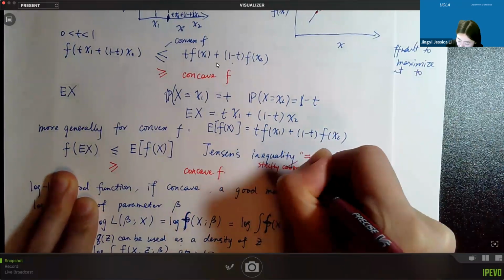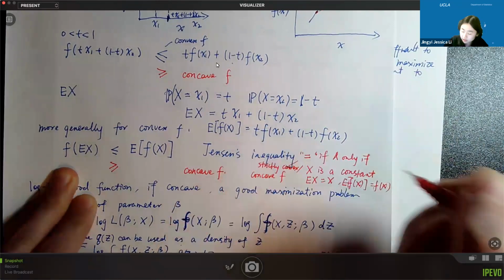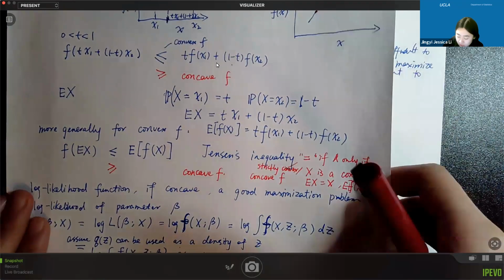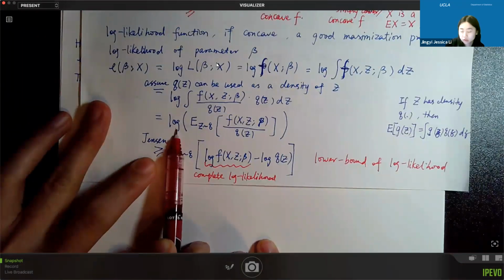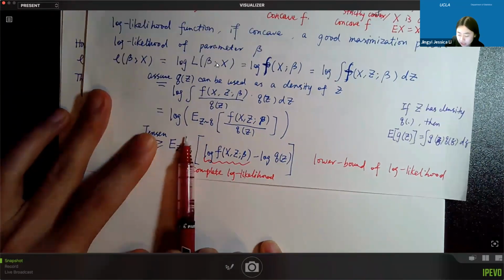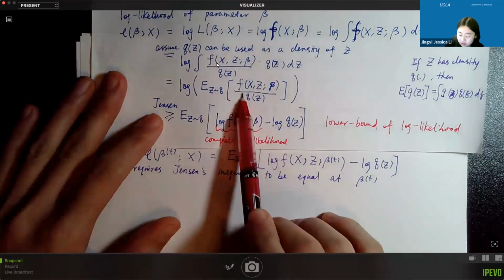When f is not linear, then to make Jensen's inequality an equality, we need x to be a constant instead of a random variable. And of course, here our f is the log function. We know the log function is strictly concave. So to make this inequality an equality, we need a constant.